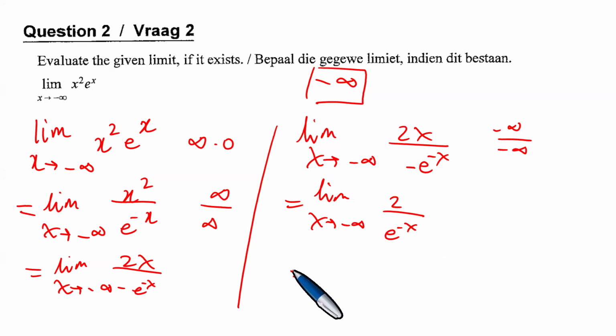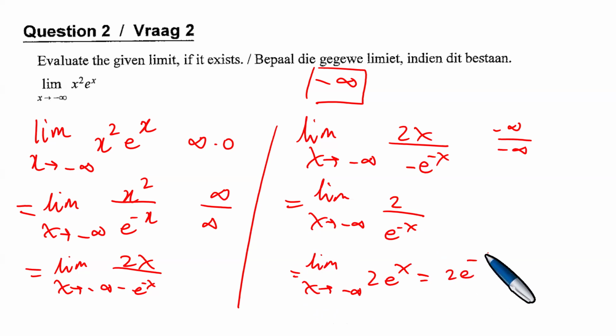What are you able to achieve at the end? You can write this as the limit as x approaches negative infinity of 2 e to the power x. It is 2 e to the power negative infinity, which is 2 divided by e to the power infinity, which is infinity in the denominator. So this limit becomes 0.